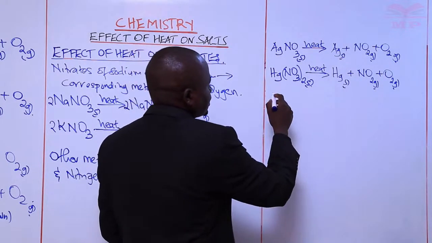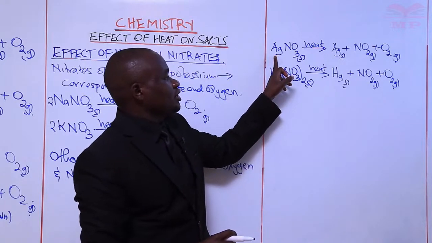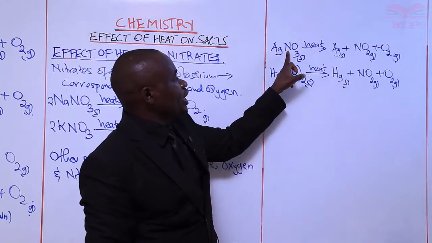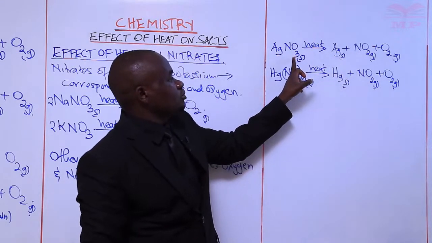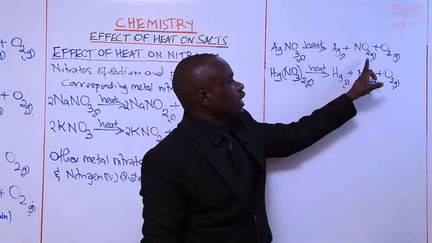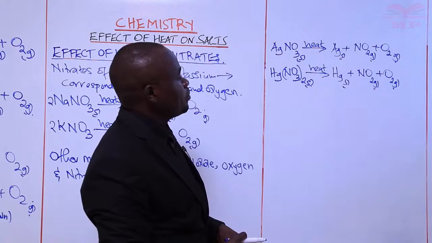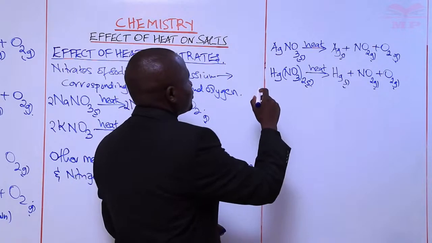So let's balance. Of course, check. Silver is 1 on the left and also 1 on the right. Nitrogen, 1 atom on the left, 1 atom on the right. Oxygen atoms, 3 on the left and 4 on the right. So we have to balance by making the one on the left even. So that's the best way.